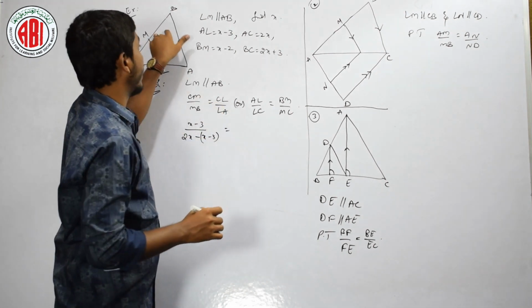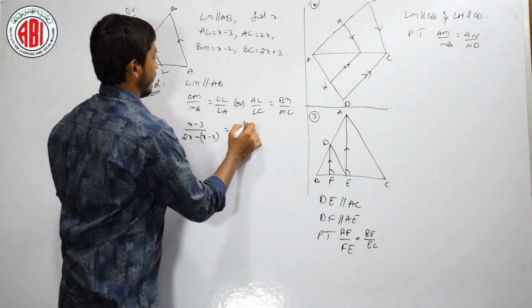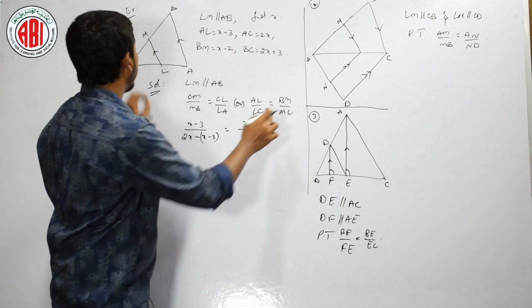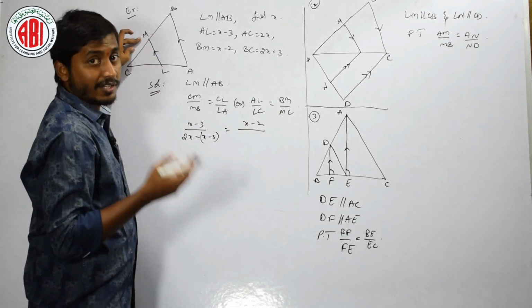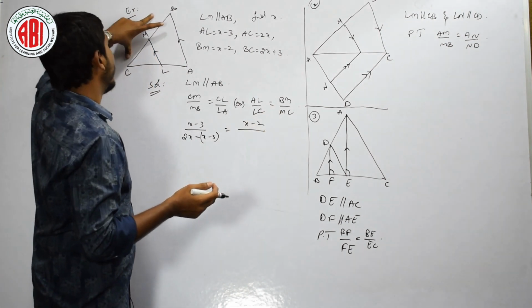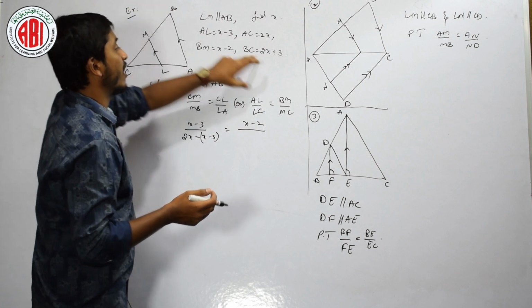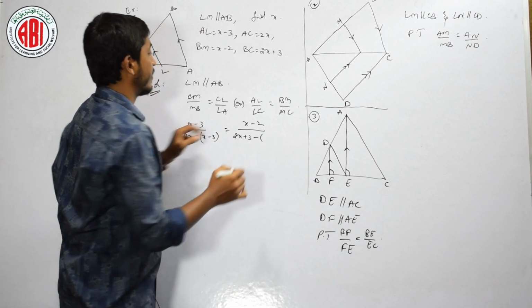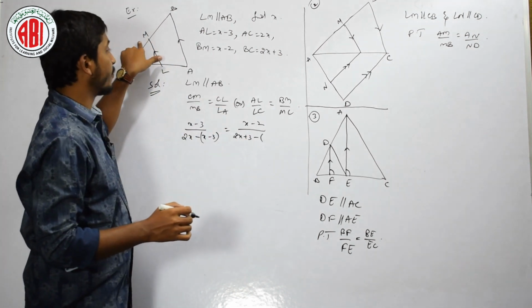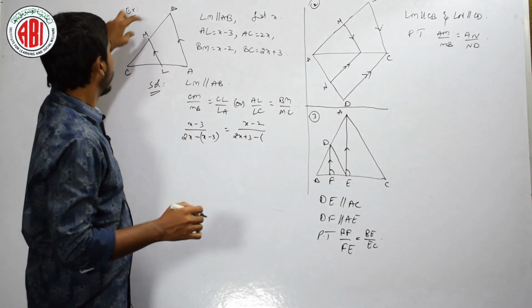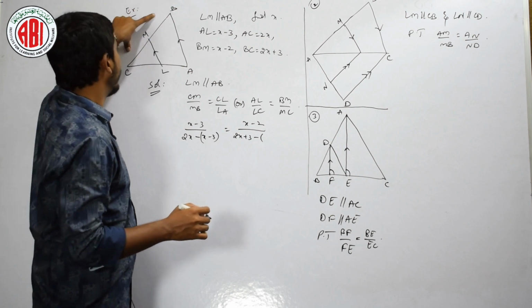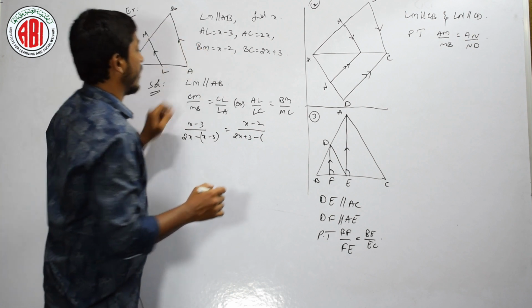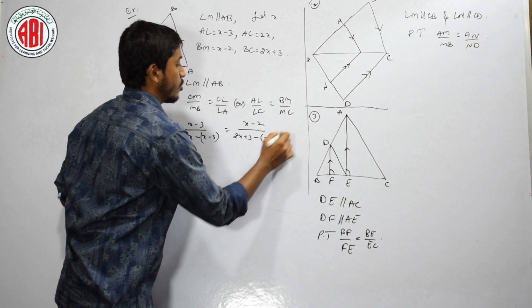Next, BM, do we have the value of BM? Yes, that is x minus 2. Do we have MC? No. That is why we can also write it as BC minus BM. What is BC? 2x plus 3 minus, what is MC? See here once again, BC minus BM. BM is x minus 2.